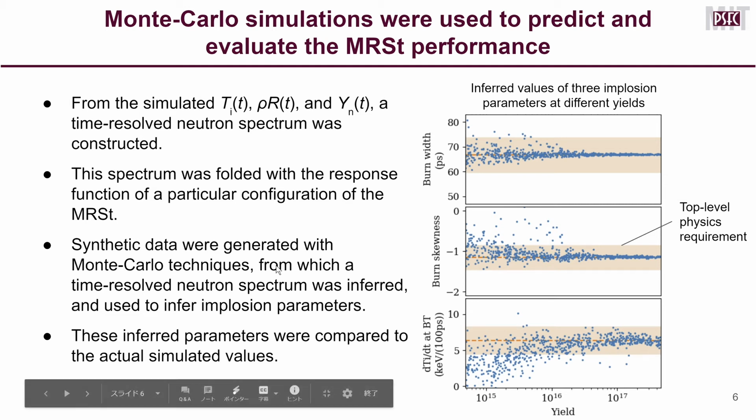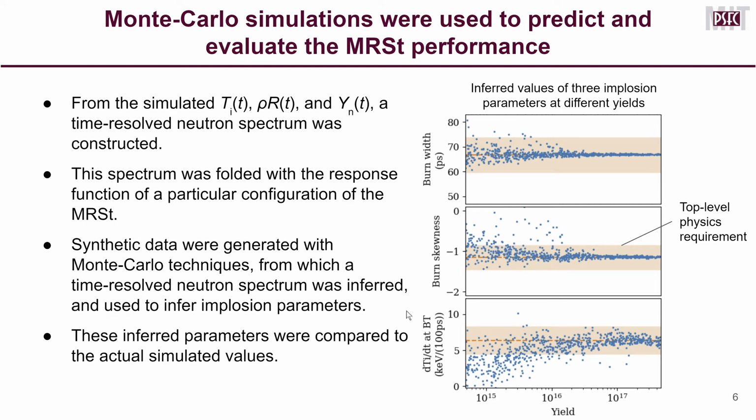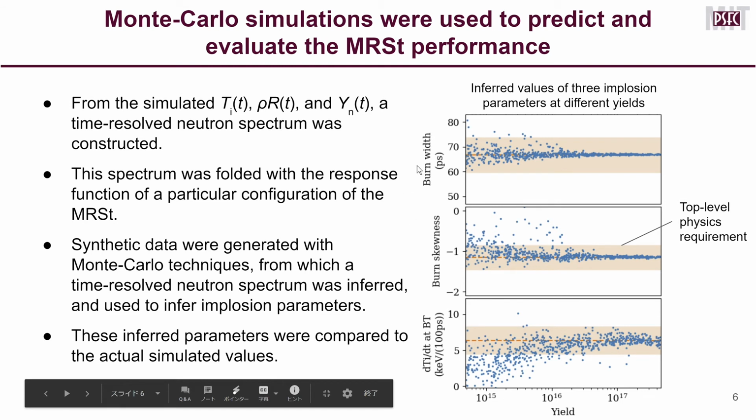Shown here are some examples of what these calculations look like. These are three important implosion parameters: the burn width, the burn skewness, and the ion temperature derivative at bang time.